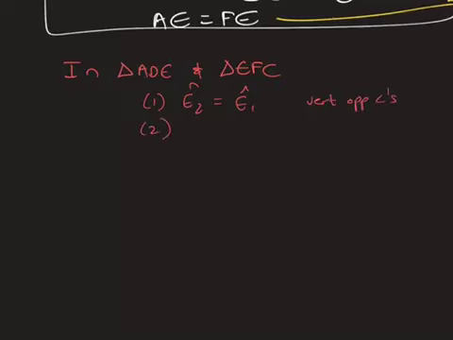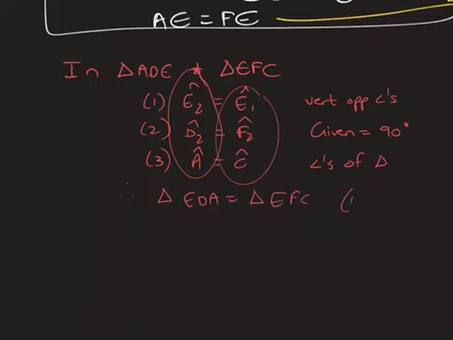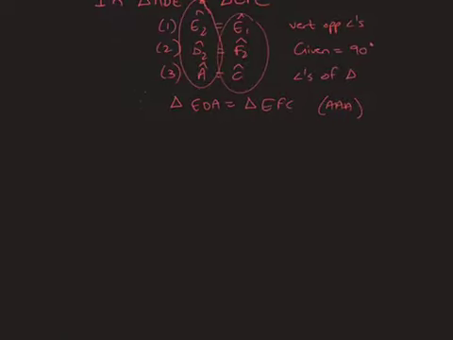Number 2, so we're going to have D2 is going to be equal to F2, given equal to 90 degrees. So then the last two angles, which is angle A and angle C, are angles of a triangle. Therefore, triangle EDA is similar to triangle EFC because of angle, angle, angle, or equiangular. So then we do our loops.